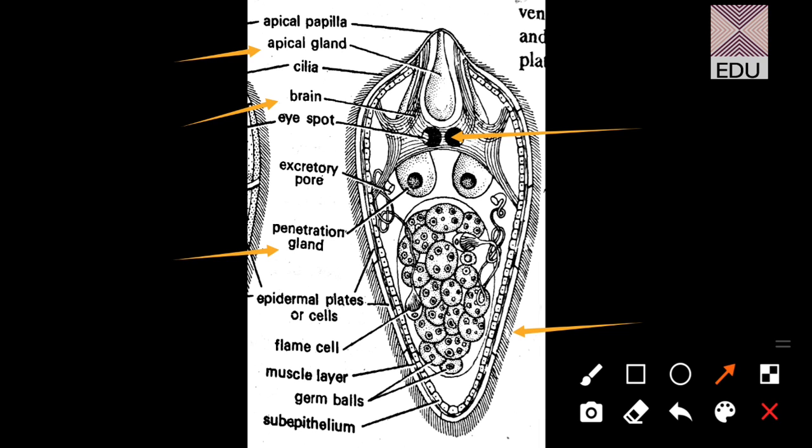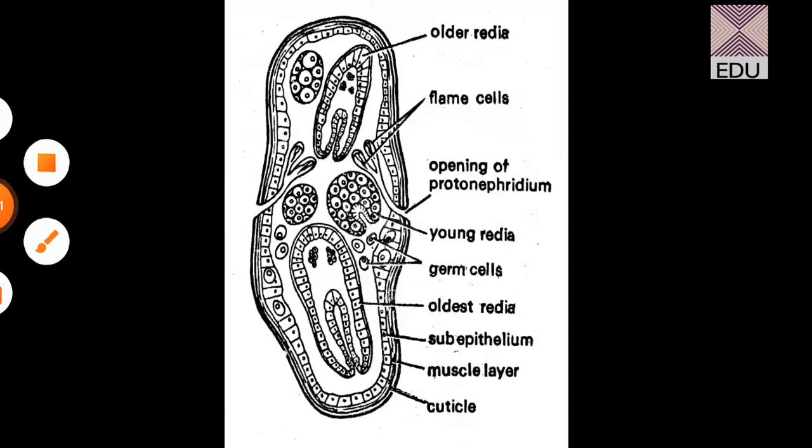Here you can see the presence of the germ balls inside the miracidium. These germ balls give rise to the next form, the sporocyst larvae. Now students, this is the second larval form, the sporocyst. It is about 1 mm in length, and there are no cilia present.